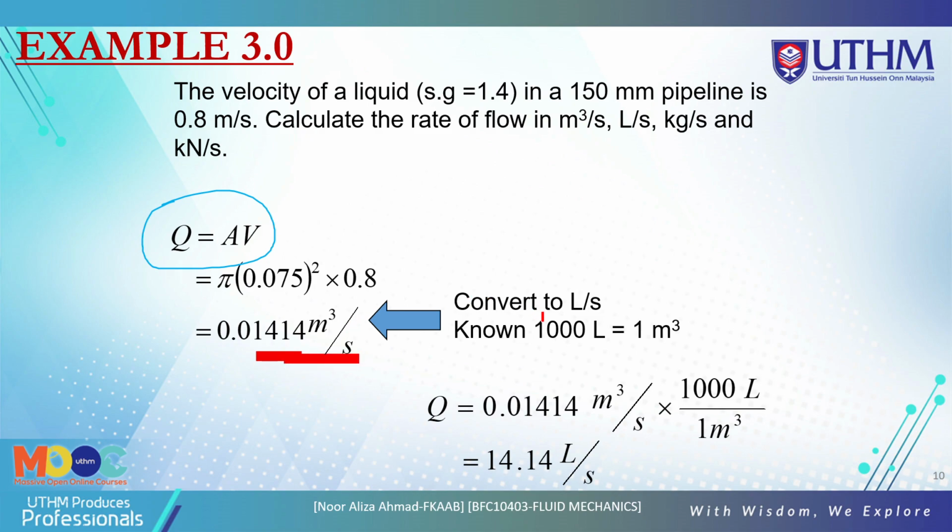So now you convert to liter per second. We know that 1 meter cube per second is 1000 liter, so 1000 liter is 1 meter cube. So you get the value here in liter per second.